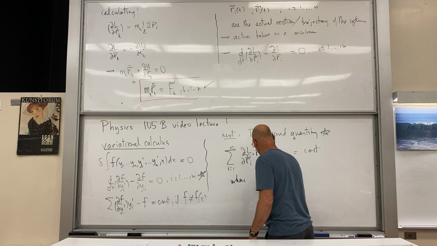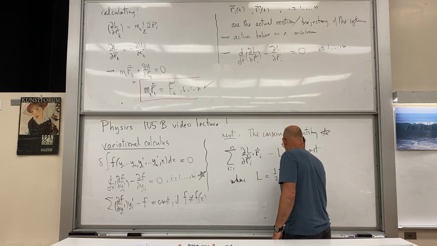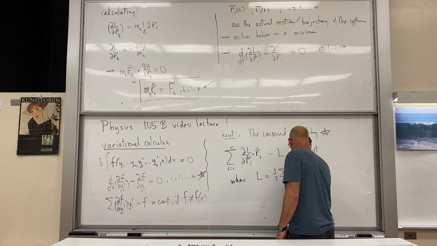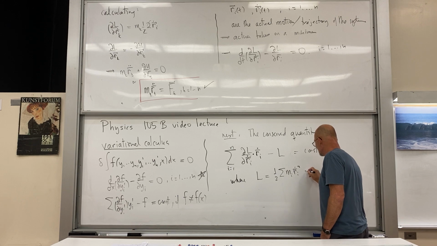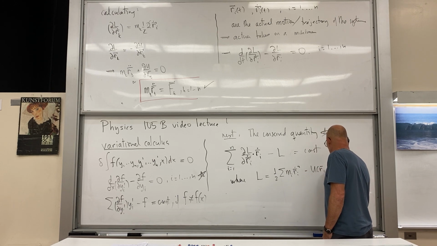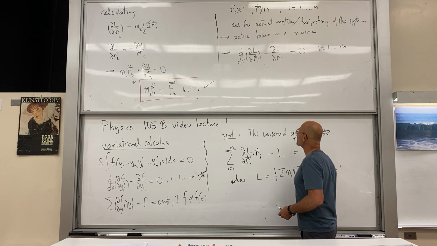Let's go ahead and write out the Lagrangian. L equals 1/2 m sub i r sub i dot squared minus u of r 1 through r n.